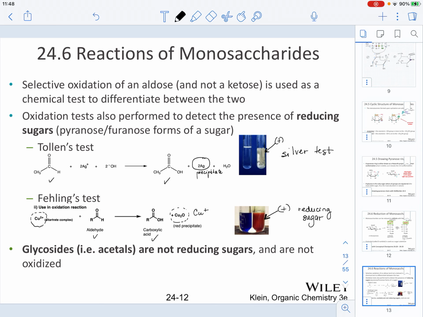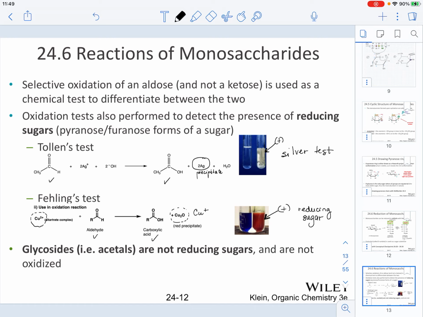Now, it is known as a reducing sugar because the sugar is undergoing oxidation while it is having the ability to reduce the copper 2 to copper 1. So understand that reducing sugar does not mean that the sugar is being reduced itself. As you can see from the reaction, the sugar is being oxidized. Its aldehyde functionality is going to the carboxylic acid. What is getting reduced is the copper compound.